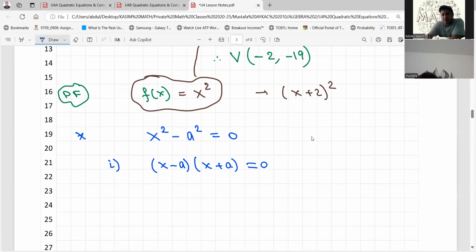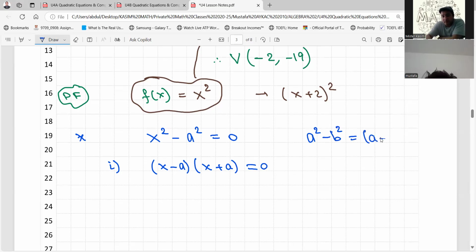It's a very commonly used formula, Mustafa. It must be a piece of cake. And you know it well, but still I would like to remind you: a squared minus b squared equals (a minus b)(a plus b). If you solve this, each factor should be equal to 0. So x equals a or x equals negative a.